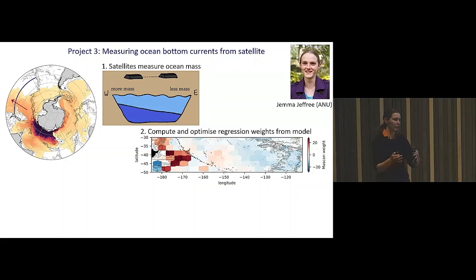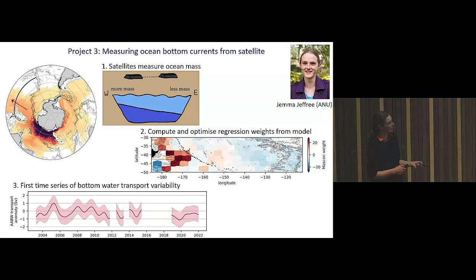And she simulated the noise and the resolution of the GRACE satellite that you can see here to see what those effects had on the regression, on the fit that she got out. Did a lot of optimizing and ended up coming up with a sort of first time series of interannual variability from this GRACE satellite. The uncertainties are still very large, but it's more of a test of the method of can you use these sorts of satellites to measure ocean circulation.